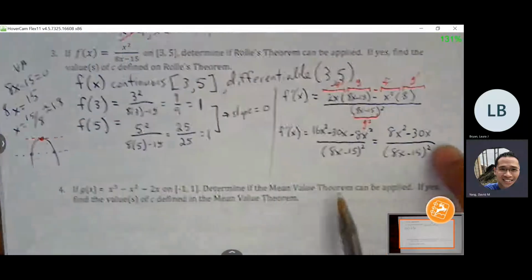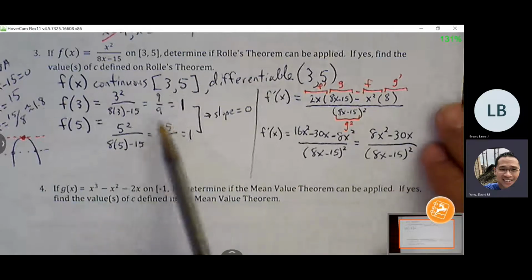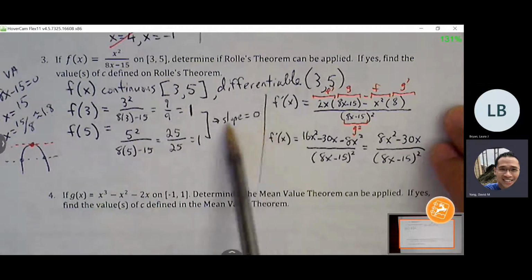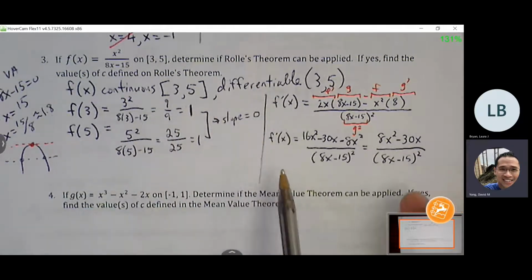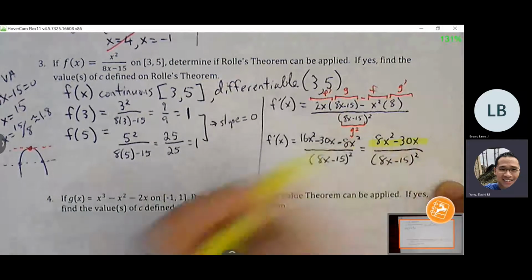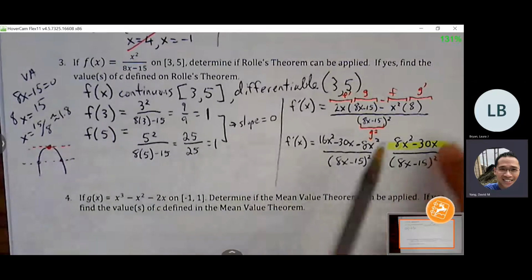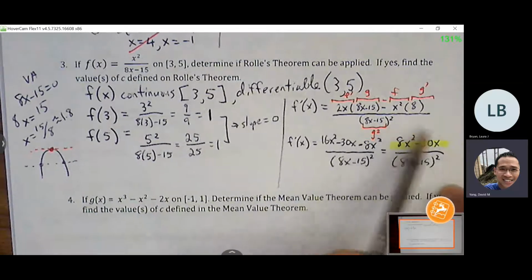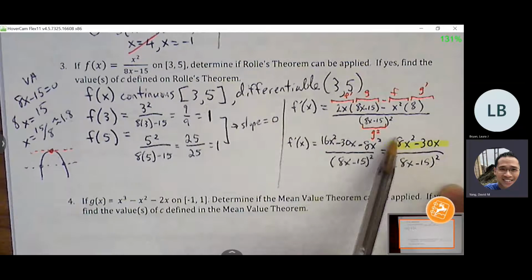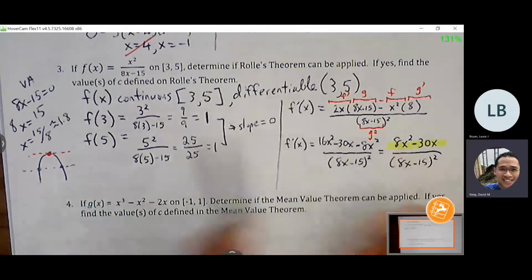Okay, so there's our derivative. But we're doing Rolle's theorem. We only care about finding slope 0. So where do we look if we are only concerned about slope 0? Just the numerator. The denominator will tell us where the slope is undefined, but that's not our purpose, right? We want slope 0. That's the only place where we're going to be able to achieve a slope 0.